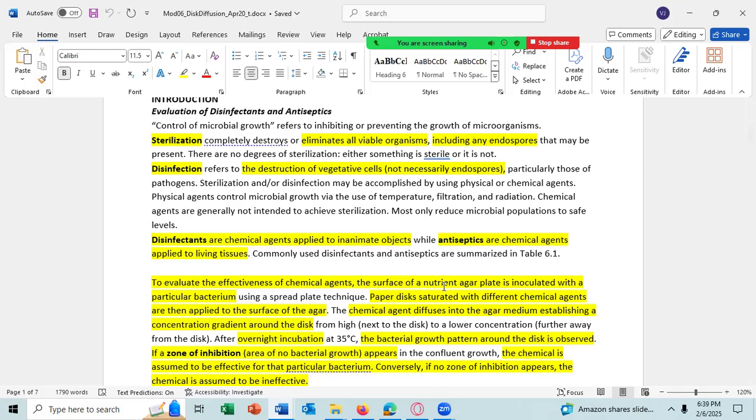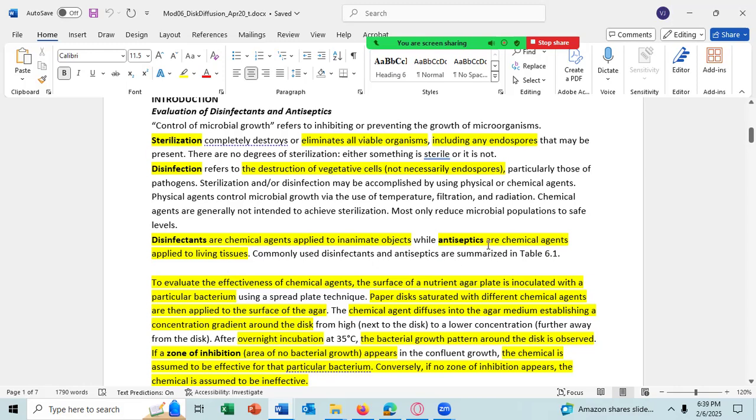Disinfectants are chemical agents applied to inanimate objects. Antiseptics are chemical agents applied to living tissue. As I mentioned, bleach on the toilet is a disinfectant. But if your cat comes home wounded and you put bleach on the wound, that would be an antiseptic because you're putting it on living tissue. So even if it's the same chemical agent, it has a different term.